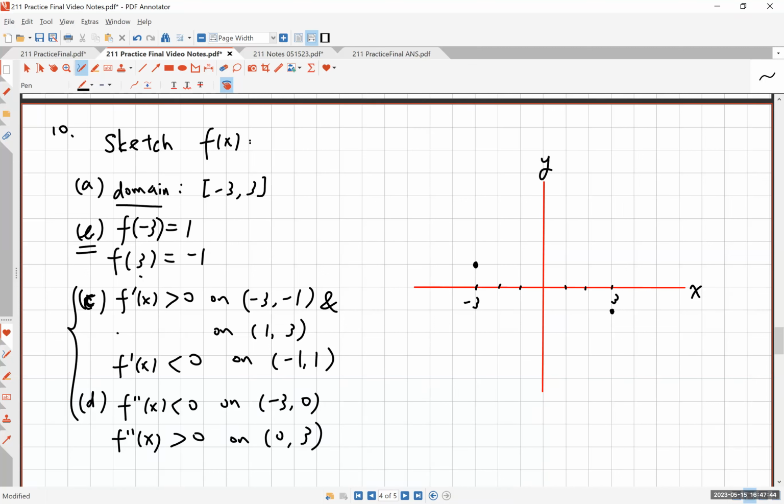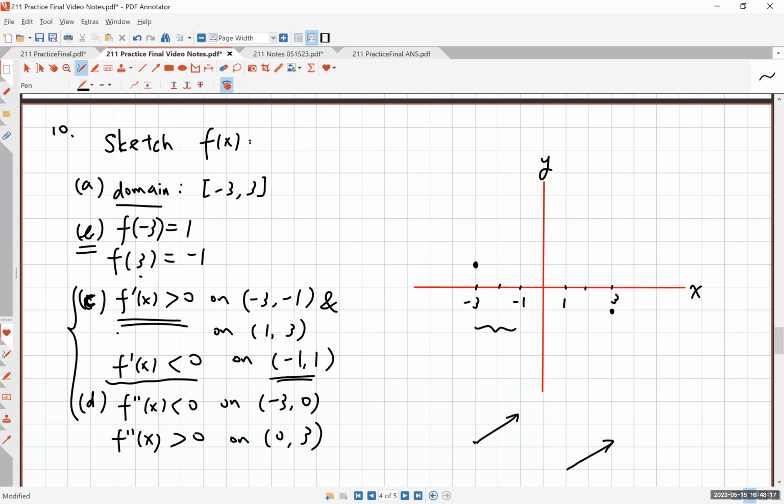Now, what does C tell us? You need to know how to interpret these things. The derivative is positive, which means it's increasing. So from -3 to -1, the function has to be increasing, and from 1 to 3, it has to increase as well. But between -1 and 1, it has to decrease, because the derivative is given as negative.